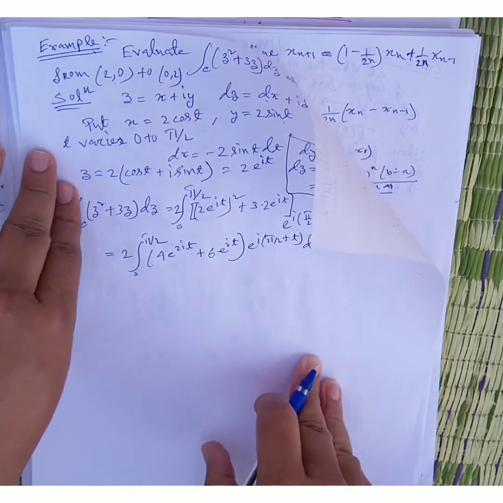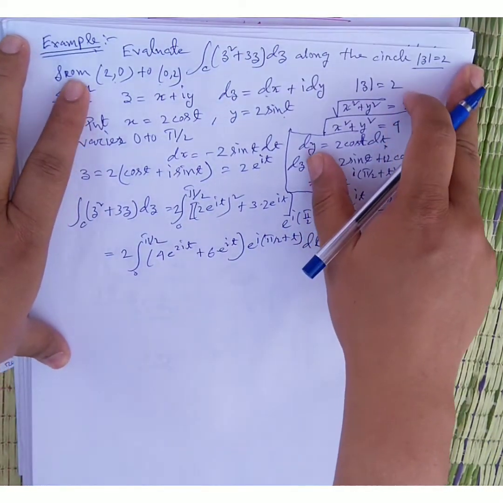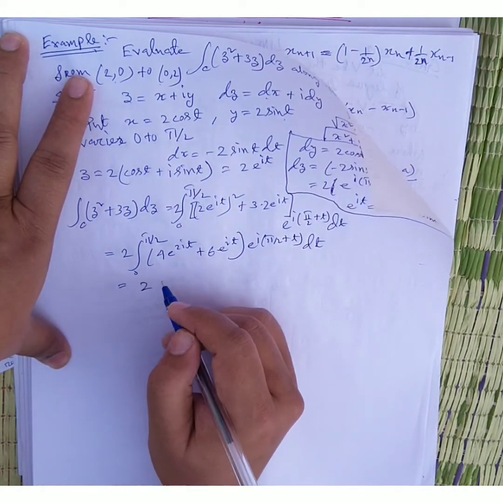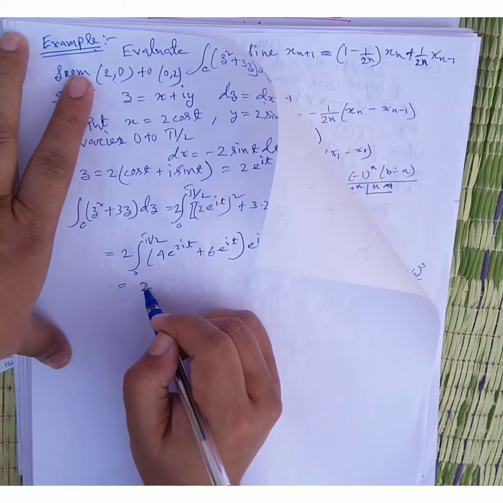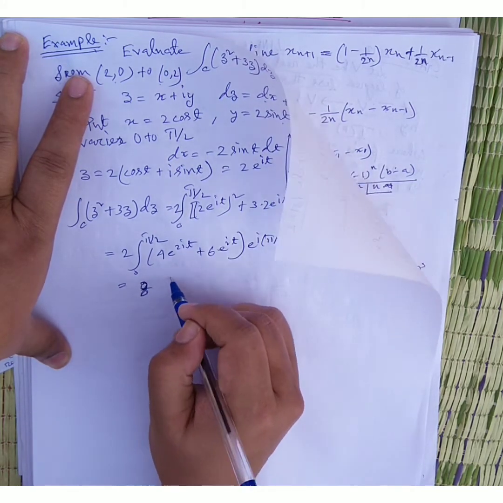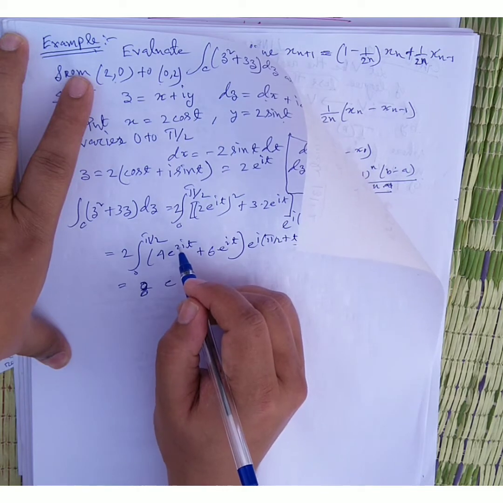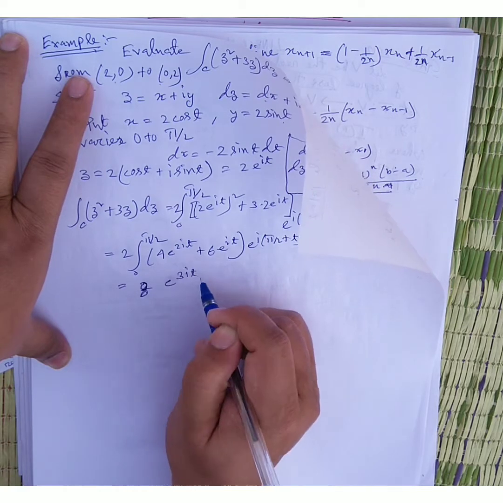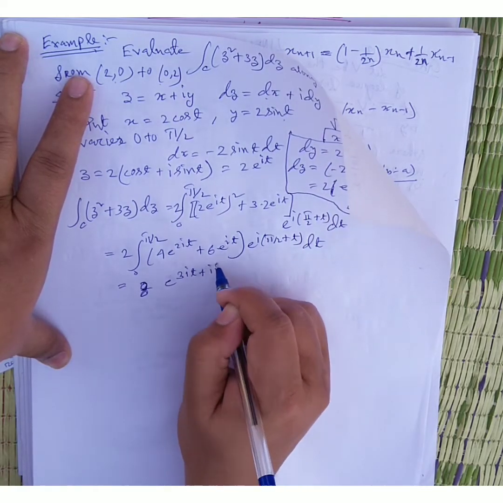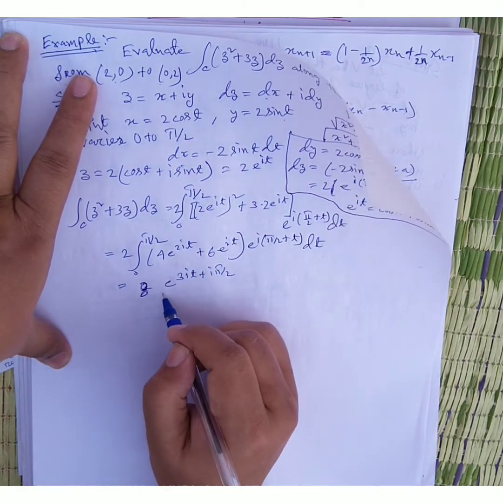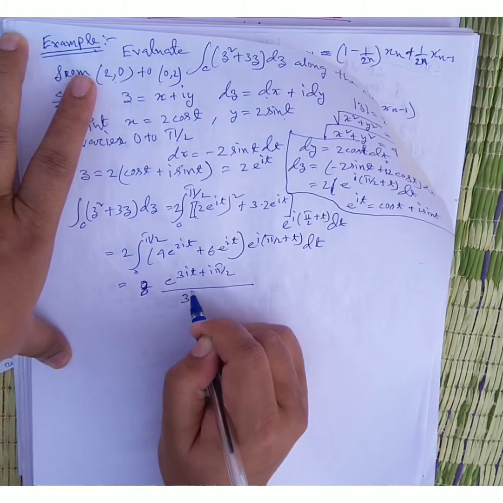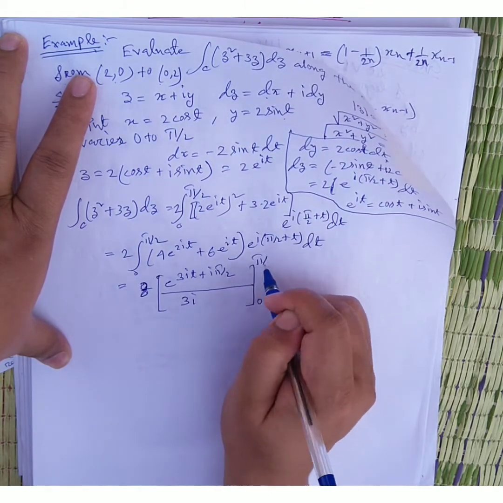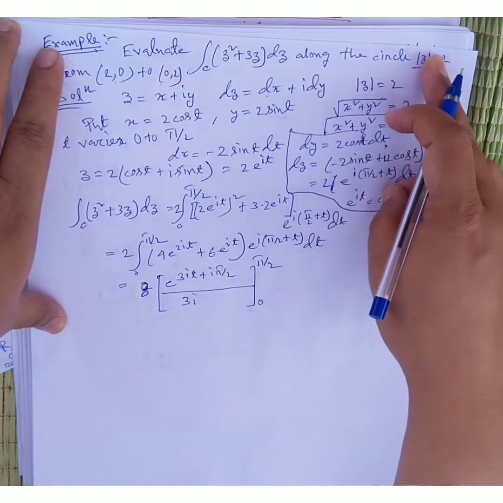Simple. Now I will multiply this and integrate. It is 8, 4 into 2 is 8, and e to the power 3it plus i pi by 2 divided by 3i, from 0 to pi by 2.